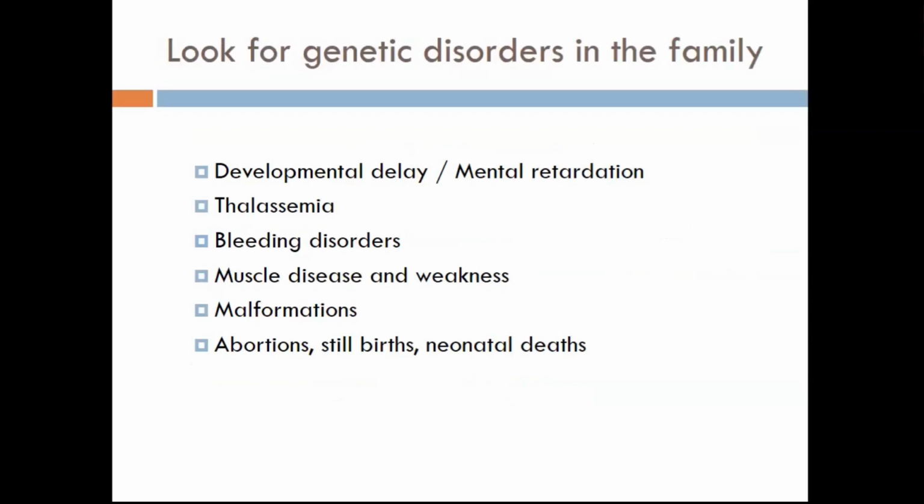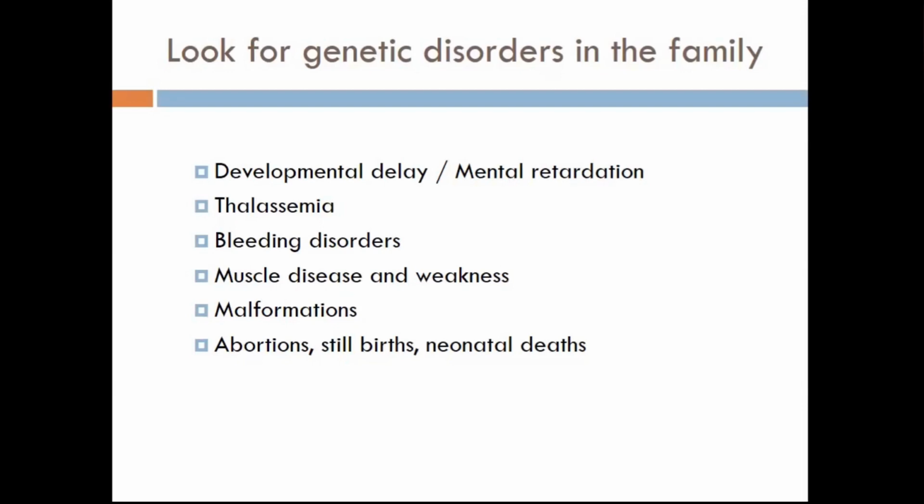So look for genetic disorders in the family, like developmental delay, intellectual disability, thalassemia, and bleeding disorders like hemophilia, which is a fairly treatable disorder. It is very common. Muscle disorders and weakness like Duchenne muscular dystrophy are untreatable, and it is very difficult to see a mother suffering because her child is getting weaker day by day, and she knows that her child would have respiratory failure and die.